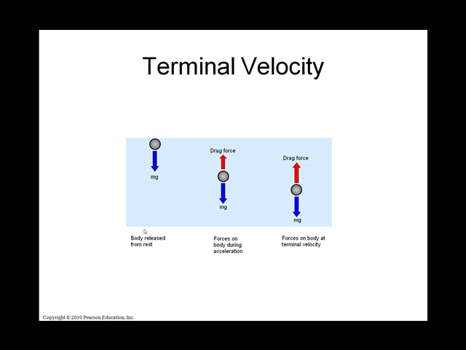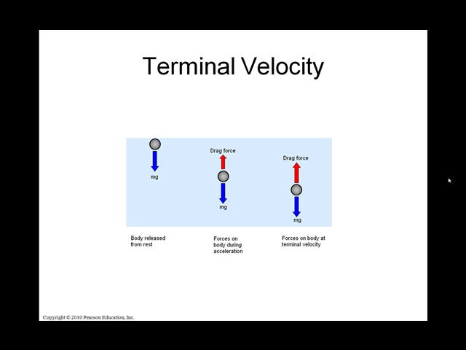So what happens when something falls and there is air present is that at first the only force causing it to fall is its weight. That's the only force making it fall. And that causes it to accelerate at 9.8 meters per second every second as it falls. But as it gets faster, air drag or air resistance builds up on it.